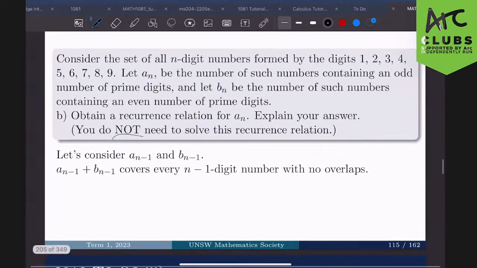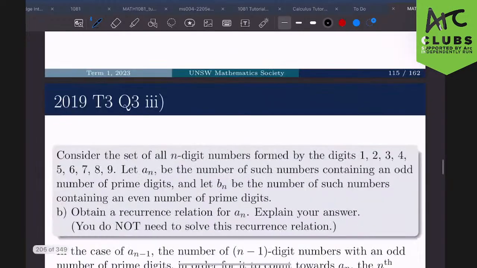So let's just consider the n minus 1 digits.